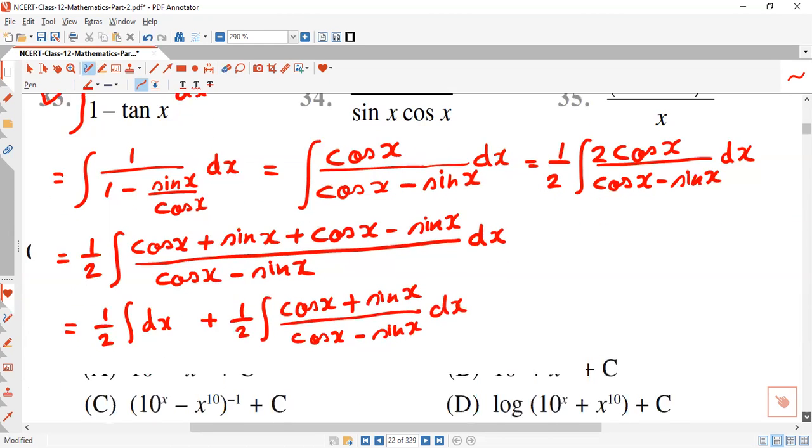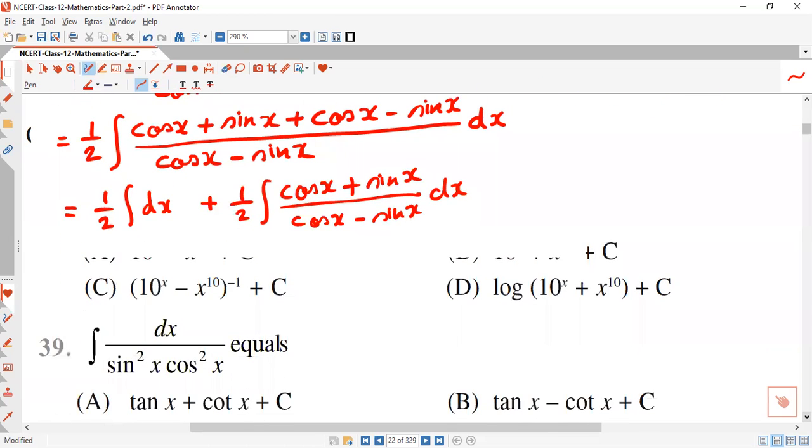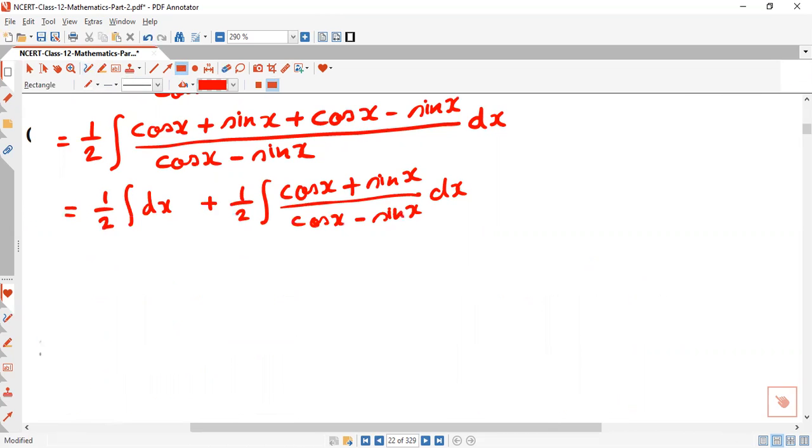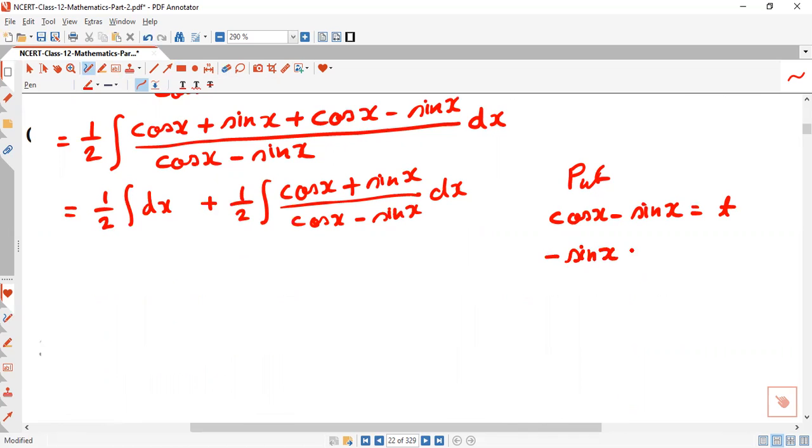In the second part of this integration, we put cos x minus sin x equal to t. Differentiating, minus sin x minus cos x dx equal to dt.